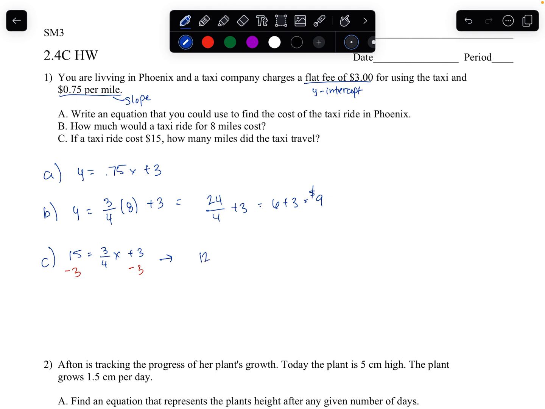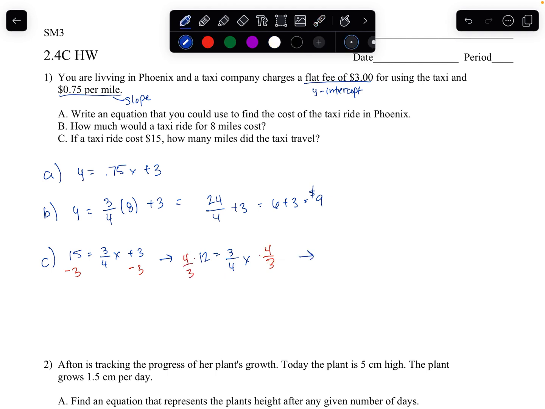and I'm going to get 12 is equal to 3 over 4x. And in order to get rid of the coefficient here, I'm going to multiply by its reciprocal. So I'm going to multiply this expression by 4/3, because what that will do is cancel the 4's and the 3's, but I also need to multiply the other side by 4/3 as well.